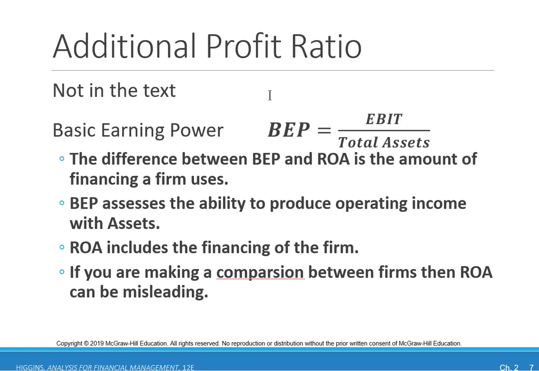So this number would better represent the operating profitability on assets, right? The ability to produce operating income with the assets that they've purchased. Again, ROA includes financing. So if you're making a comparison between firms, then this return on asset number can be misleading.